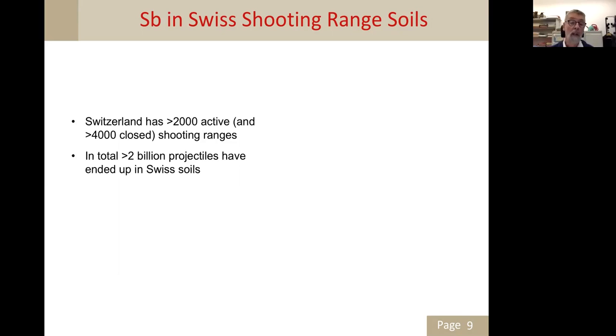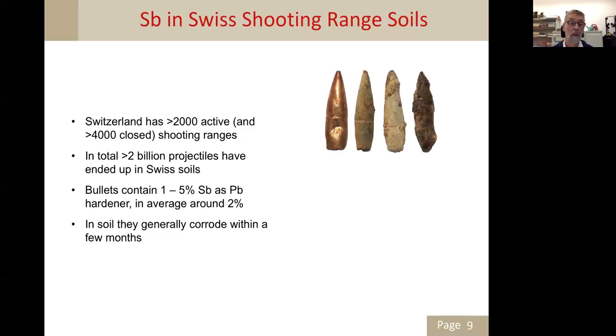In total, it is estimated that more than 2 billion projectiles have ended up in the soils around these stop butts primarily. And if you consider that the bullet contains 1 to 5% antimony as lead hardener, on average around 2%, then this amounts to quite a bit of input.